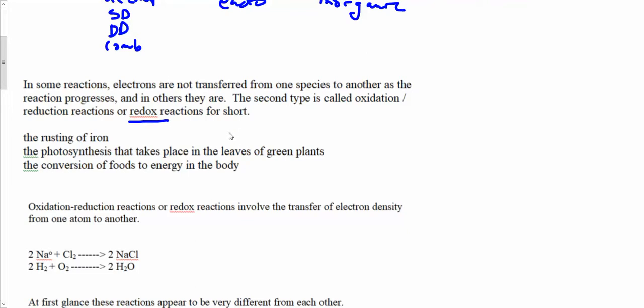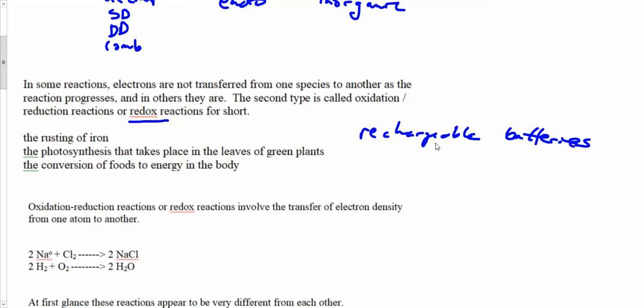Some examples: iron rusting, photosynthesis, metabolism in our body, rechargeable batteries. Inside there is a really good example.